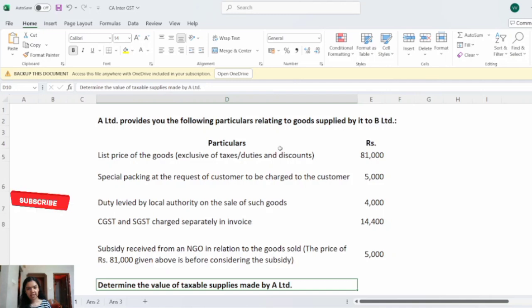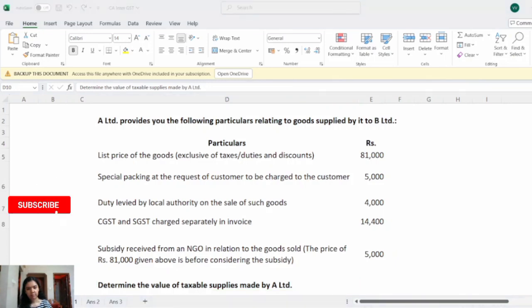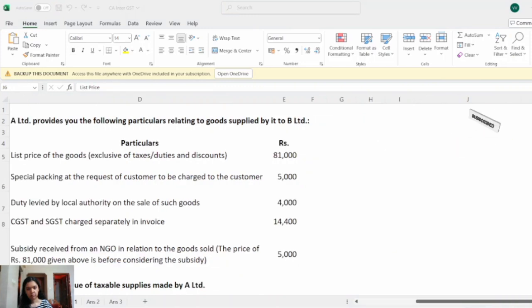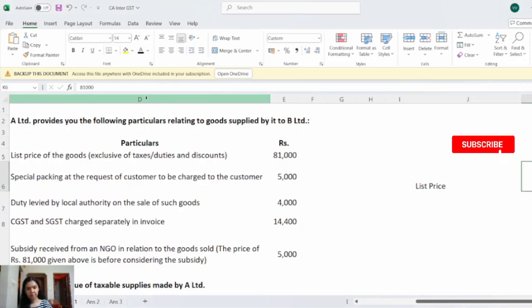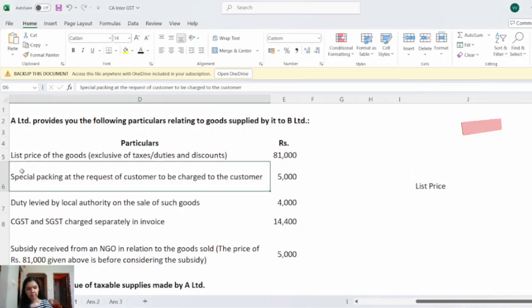So first let's understand the adjustment of each of the line items and then we will see how this has to be presented. First you will be taking the list price, then special packing charges at the request of the customer.